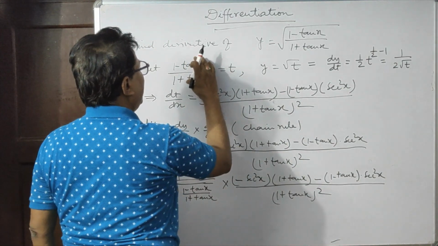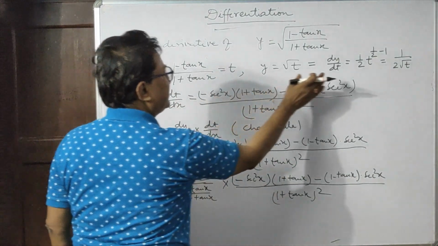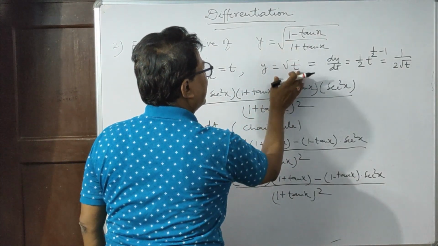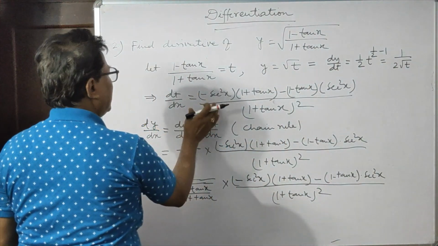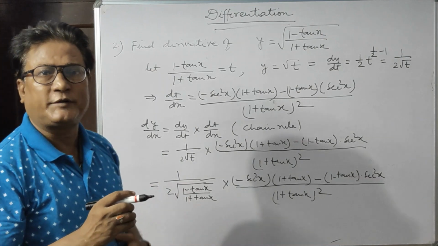And this function we will differentiate with respect to x, dt by dx. So the derivative of this function will be this much. And dy by dx you take from the algebra of derivatives.